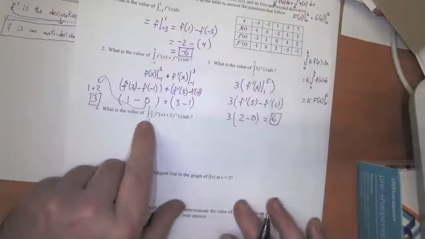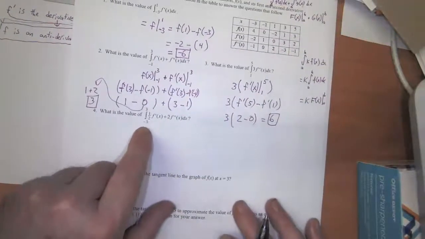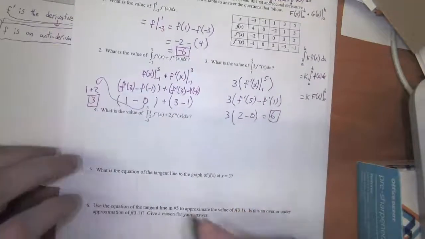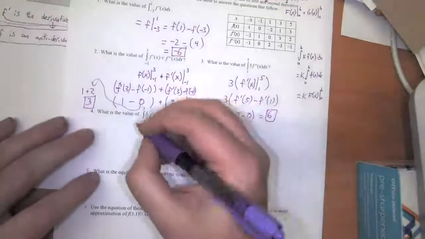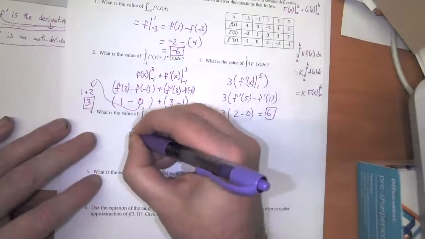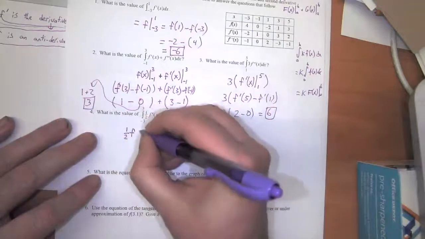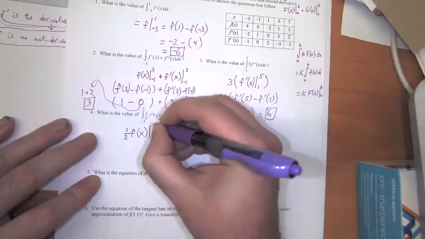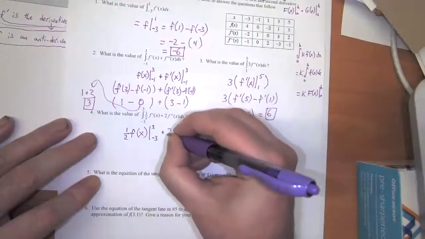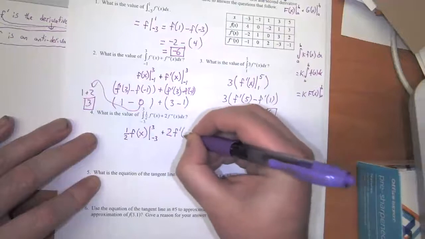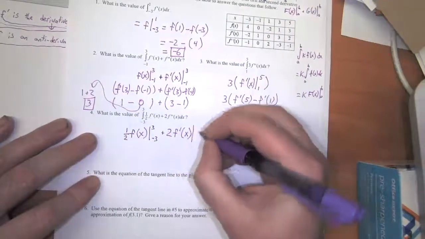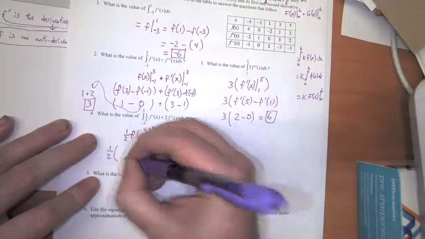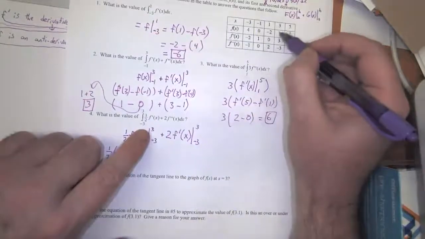And the last problem here is, what is the value of the definite integral from -3 to 3 of 1/2 f prime of x plus 2 times f double prime of x? So I'm not even going to pretend that this is hard. It's just 1/2 of the antiderivative of the first derivative, evaluated from -3 to 3, plus 2 times the antiderivative of the second derivative of x, again, from -3 to 3. All right, so f of 3 is 1.